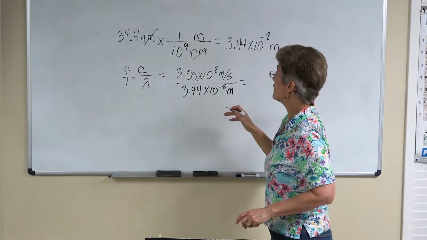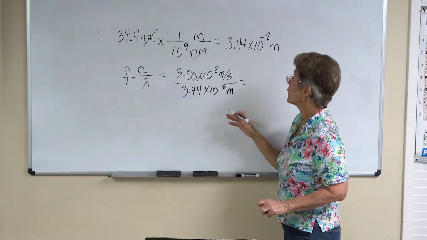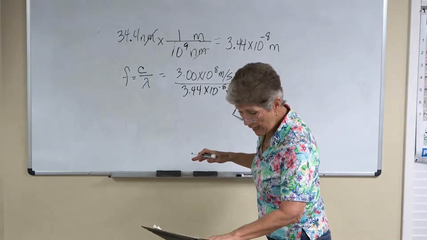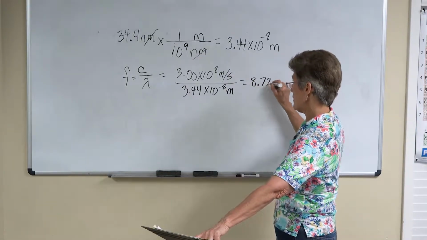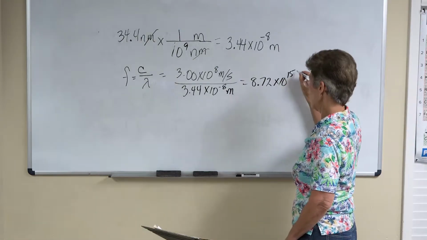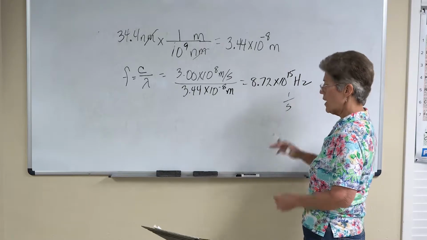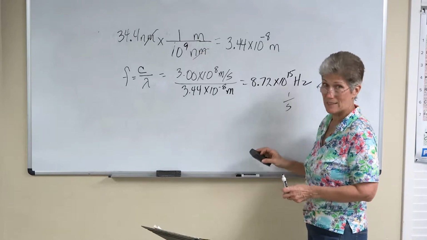That will give us an answer in 3 significant figures in per seconds, which we call hertz. So that's going to give us 8.72 times 10 to the 15th hertz. And please, that's 1 per second, which is hertz. Please do this in your calculator. Don't try to do it in your head, please.